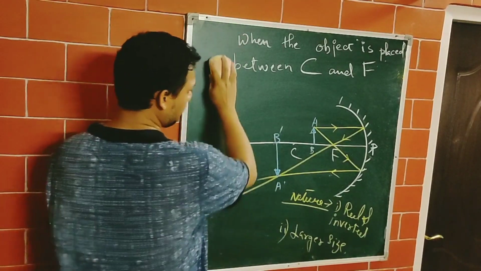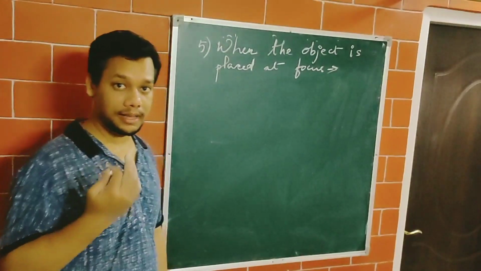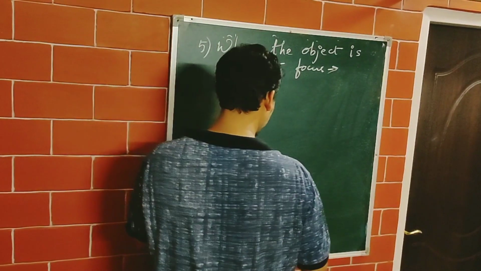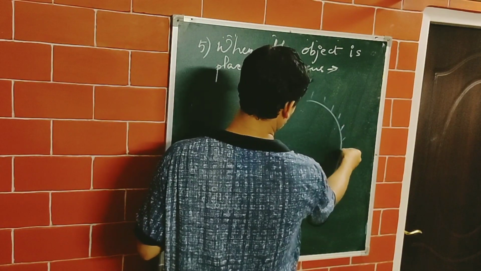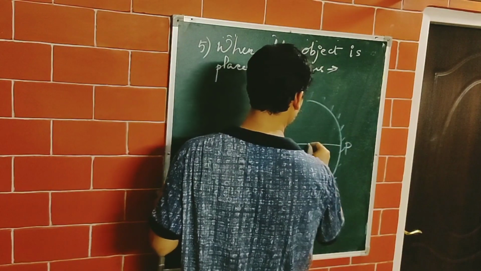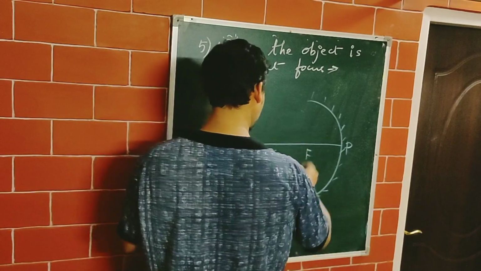When the object is placed at focus. Next, we will see when the object is placed at focus. This is the concave mirror. Imaginary line, pole, focus, center of curvature, and the object is placed at focus.